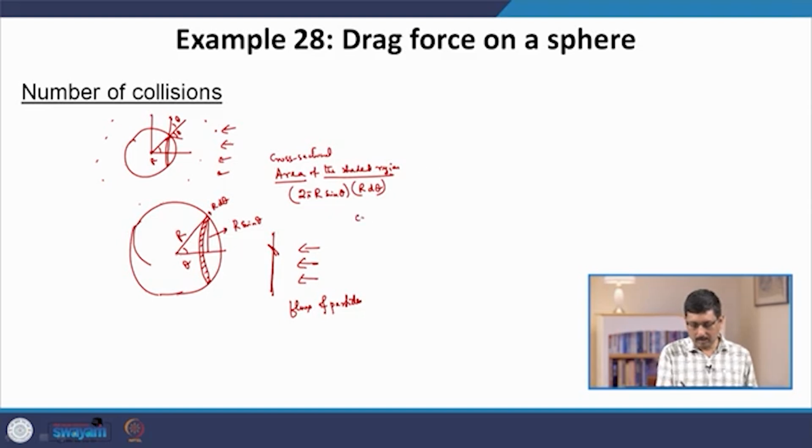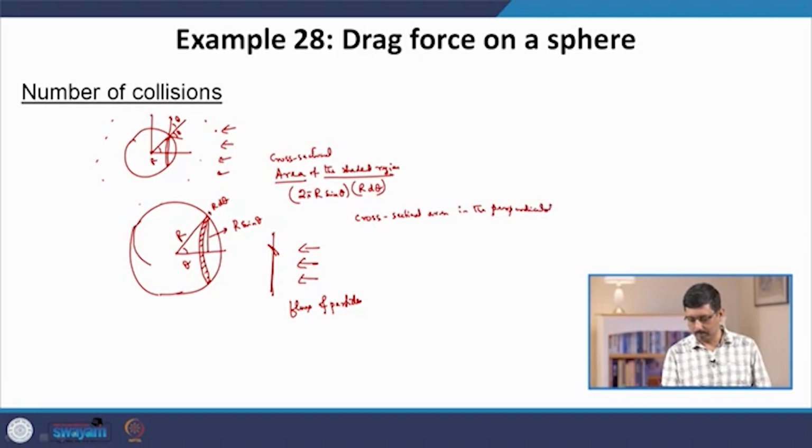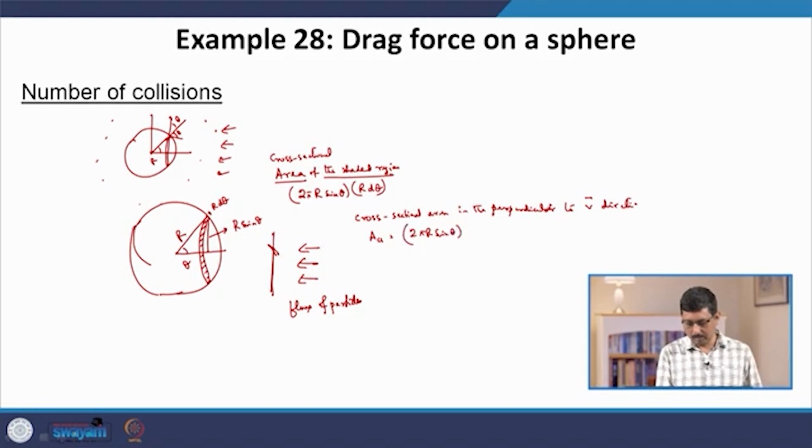and the cross sectional area in the perpendicular direction to the v direction, let us call it ACS, will be, you can convince yourself, the above area multiplied by the projection in this direction.